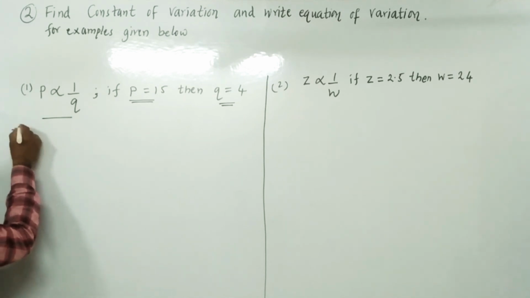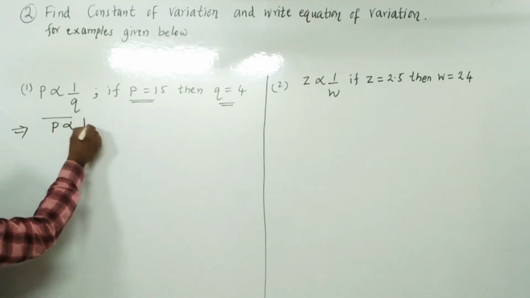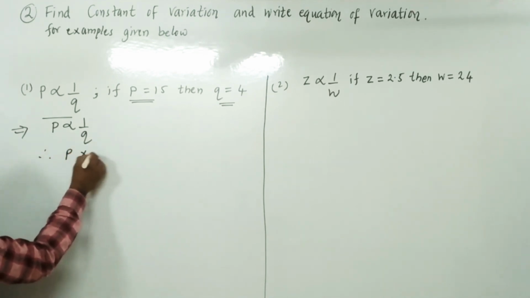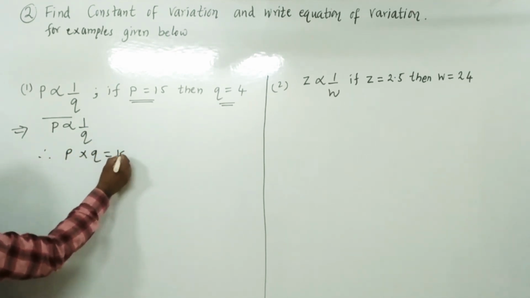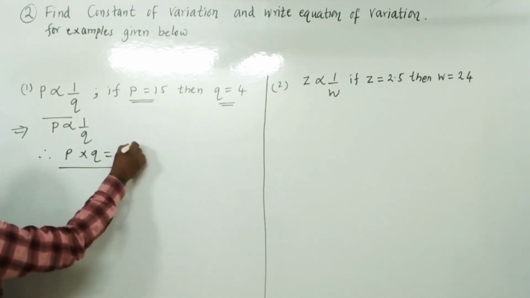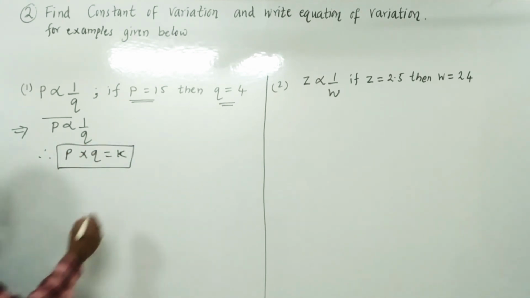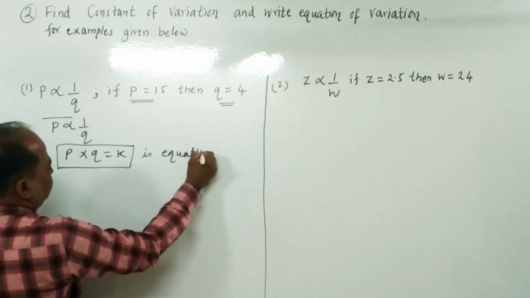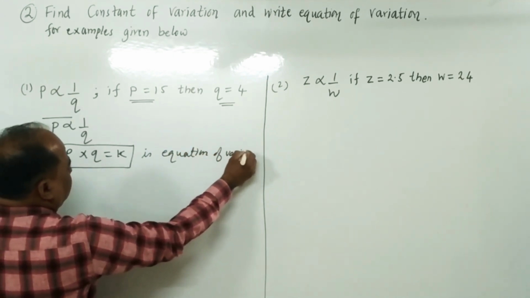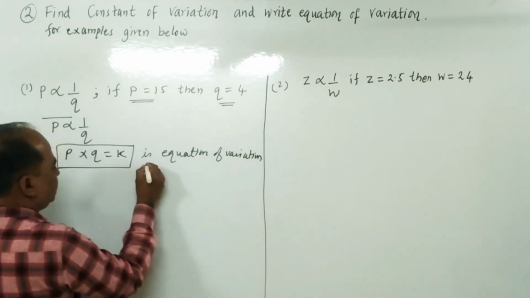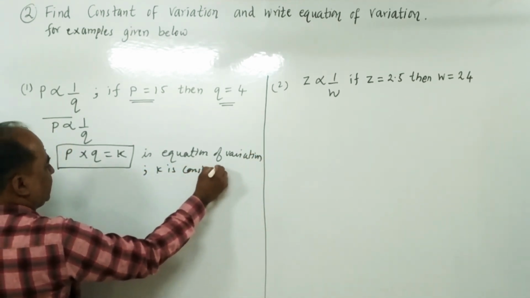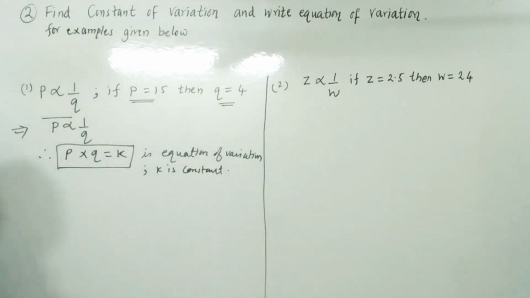Now as p is inversely proportional to 1 upon y, therefore p into y is equal to k is the equation of variation, where k is the constant of variation.